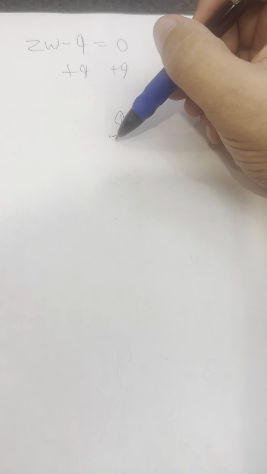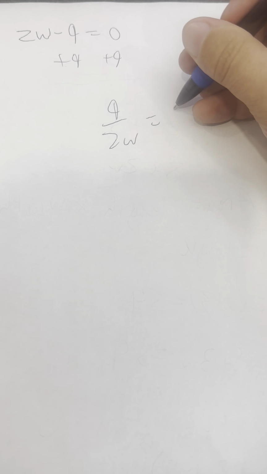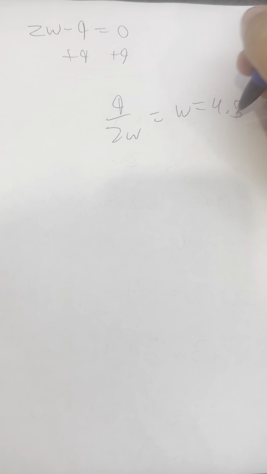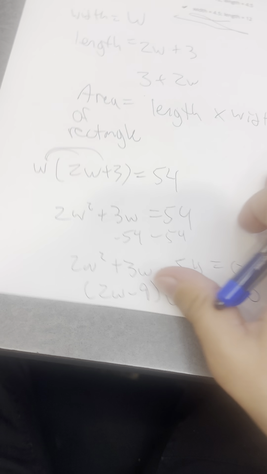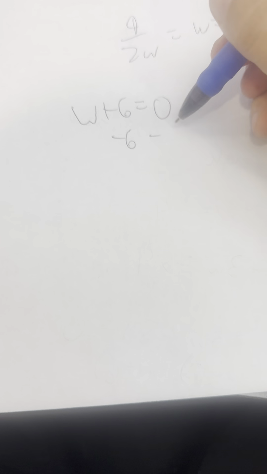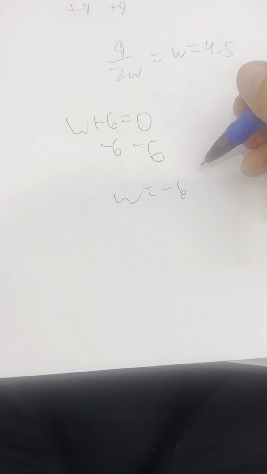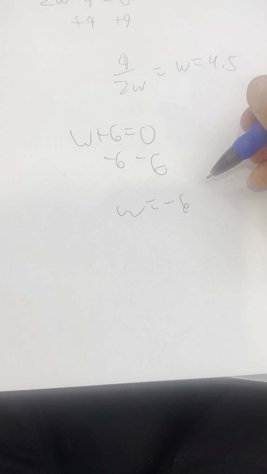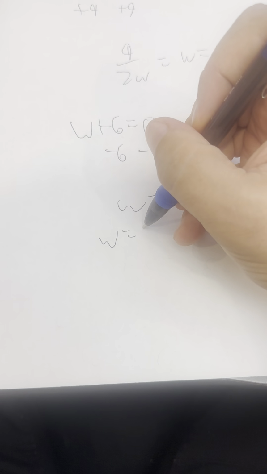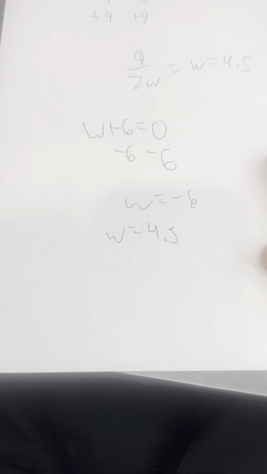So 9 divided by 2, W equals 4.5. And the other part, W plus 6 equals 0. So subtract 6. The width cannot equal negative 6. So the width is 4.5.